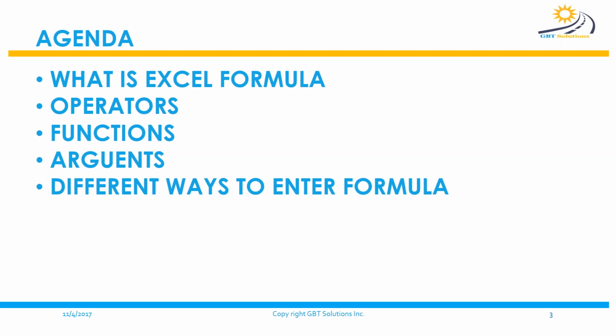And also the types of functions. Also the argument in a formula. What is the argument and how can we use it, and do we need an argument in each formula? And also we will talk about different ways of entering a formula into the worksheet.